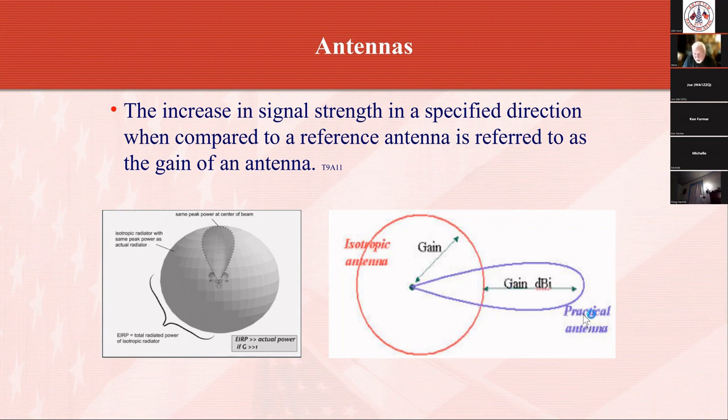But gain in dBi is decibels referenced to an isotropic antenna. You can also see it in dBd, which is referenced to a dipole. But this question is talking about dBi being the reference. Antenna gain, again, you always have to have a reference. It's the increase in signal strength in a specific direction compared to a reference antenna.